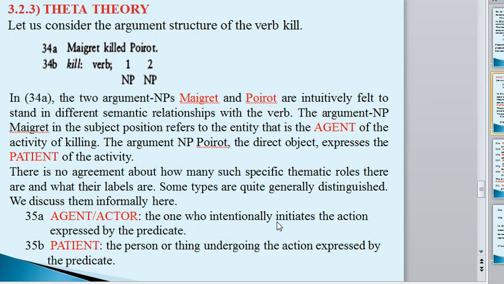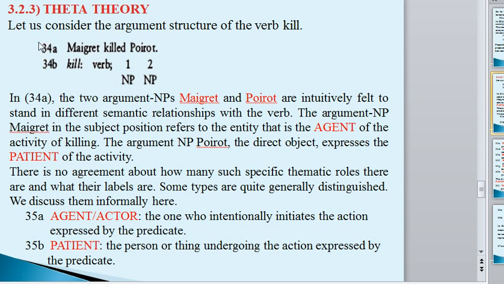Each predicate needs its special arguments, so we have different verbs according to the arguments they need. Then we talked about the relationship between other parts of speech like nouns, prepositions, and adjectives, which need arguments. In this session, I want to talk about the Theta Theory.